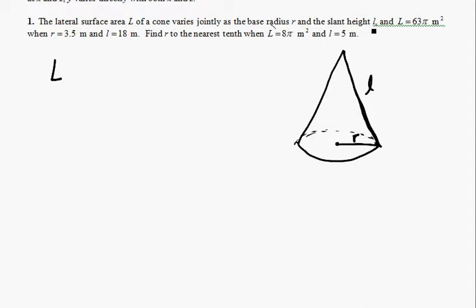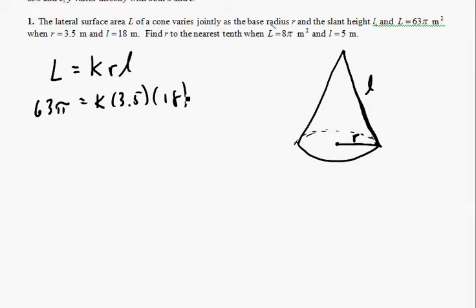Now, it says that the lateral surface area, big L, varies jointly as the base radius r and the slant height, little l. Well, if big L varies jointly with r and little l, that means big L is some constant multiple times r and little l. It tells us that big L is 63 pi when r equals 3.5 and little l equals 18.